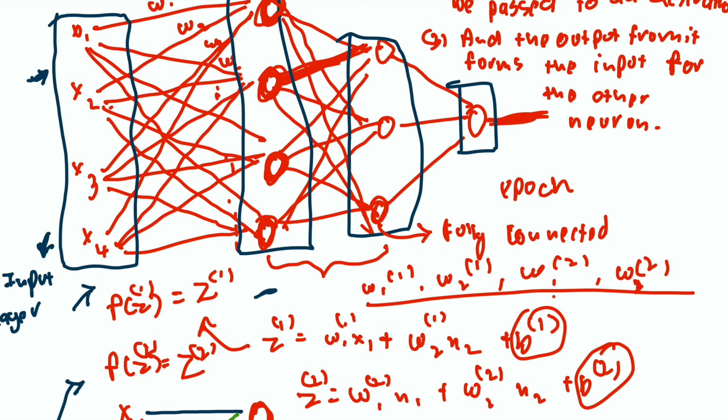It is x1 multiplied by w1, x2 multiplied by w2 superscript 1, and if we write more weights, x3 multiplied by w3 superscript 1, x4 multiplied by w4 superscript 1, plus bias will give us Z1, which is the weighted sum plus the bias of this particular neuron, plus passing it through the activation function.